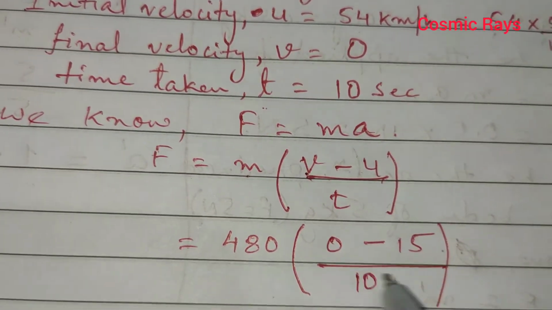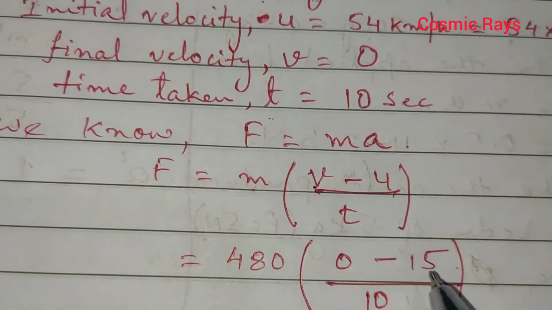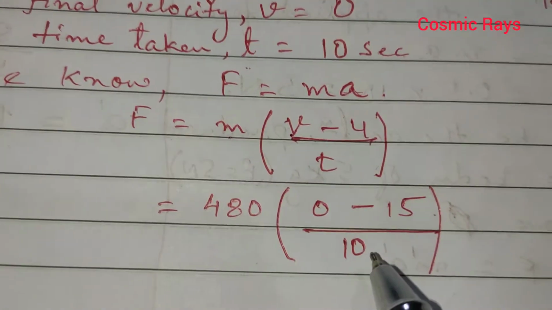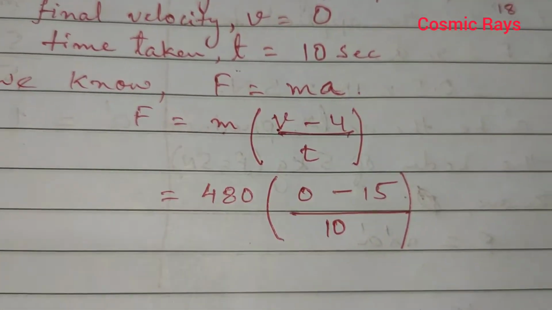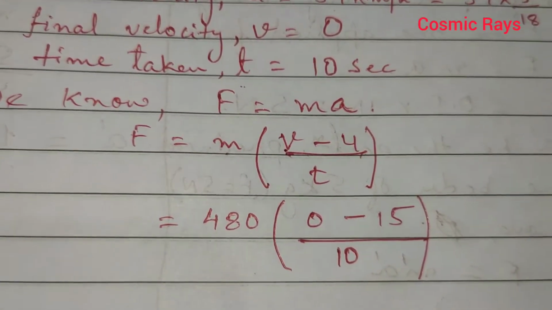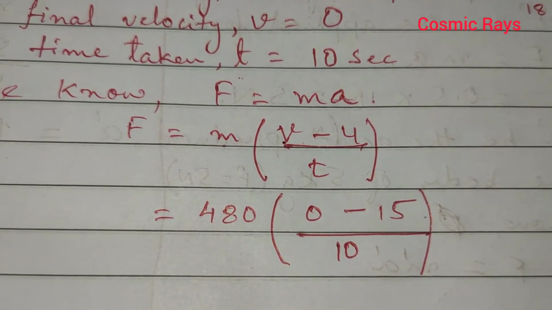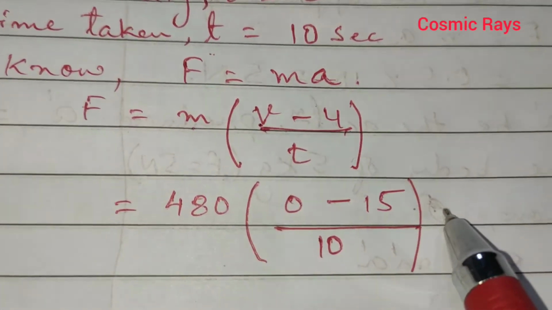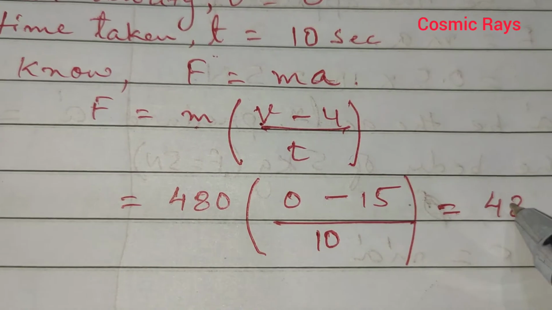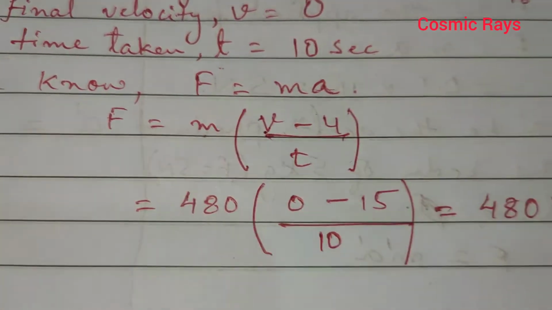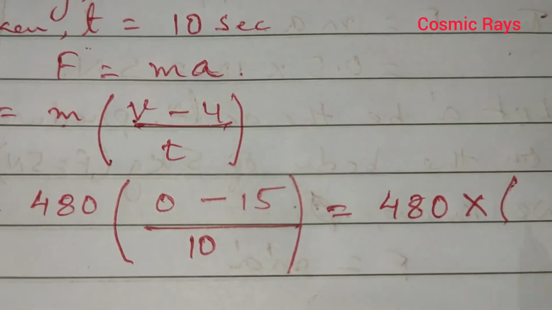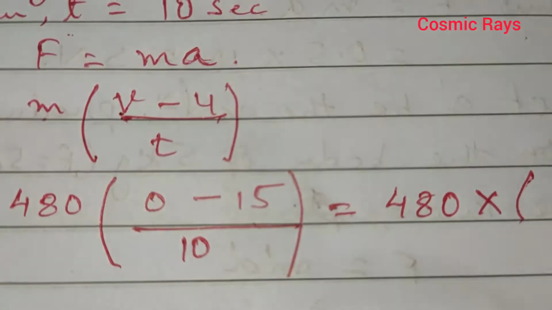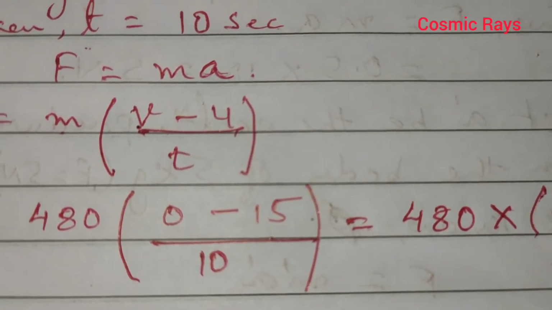So when you calculate this part first, 0 minus 15 is minus 15 upon 10. So here the minus sign will only indicate that this is a negative acceleration or retardation or deceleration. So this 480 multiplied by, here we will get 15 divided by 10 is minus 1.5.